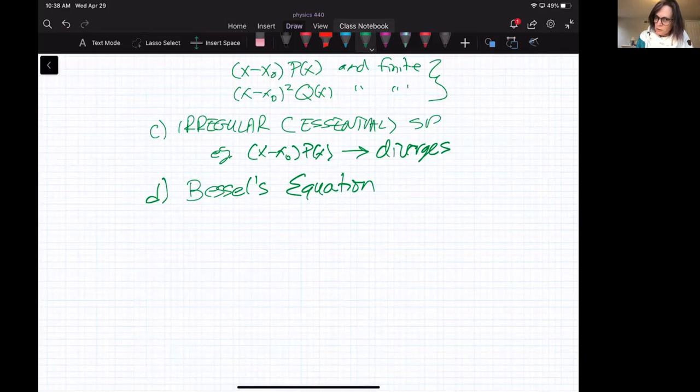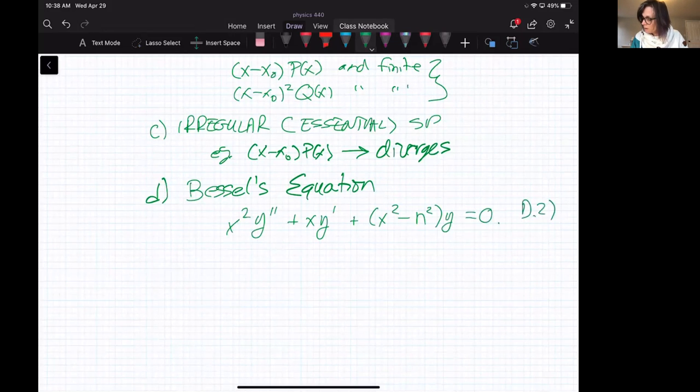So essentially it's a generating function for the Bessel function. So x squared y double prime plus x y prime plus x squared minus n squared times y is equal to 0 is our Bessel equation. Solution to which gives us the Bessel functions, or at least one kind of Bessel functions.